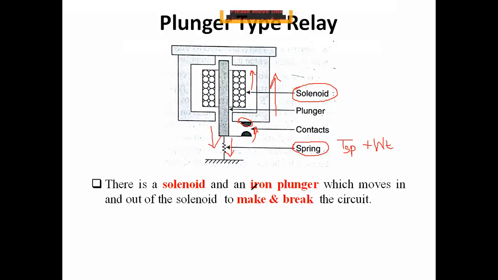These produce the restraining torque, and the high amount of fault current passing through the coil produces the operating torque. When the operating torque becomes higher, the plunger will move in the upward direction and the relay will operate. So this is the basic operation of plunger type relay.